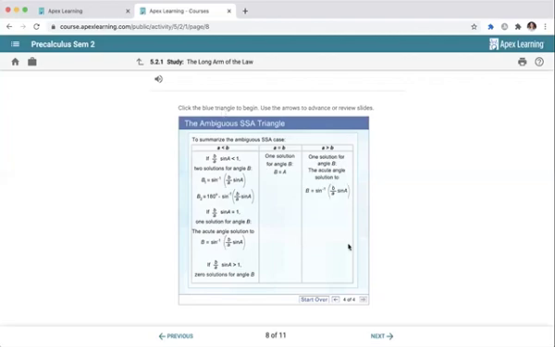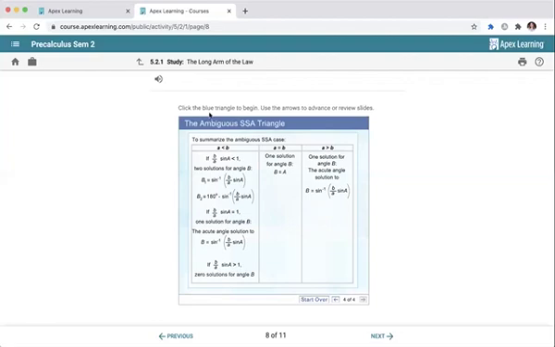Here summarizes the ambiguous SAS cases. These are the most difficult cases that you'll run into because they require a lot of logical thinking. You're going to have to look at the different sides and figure out the length of the sides and what their relationship is.